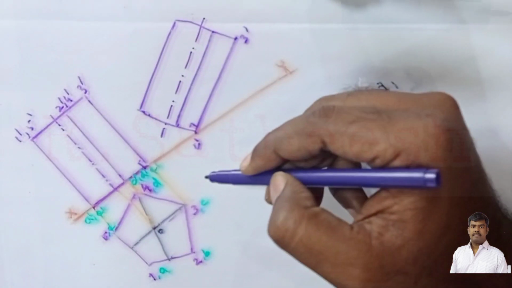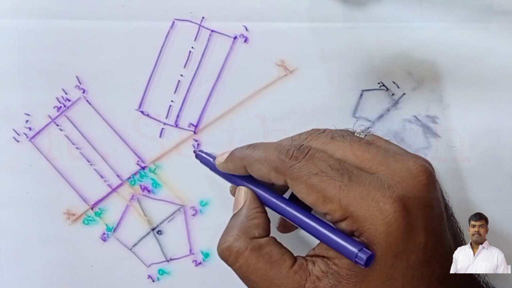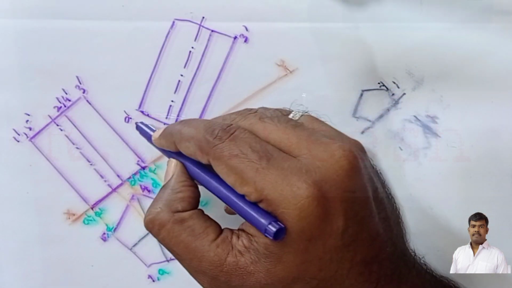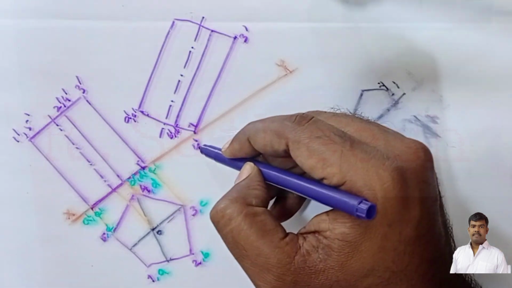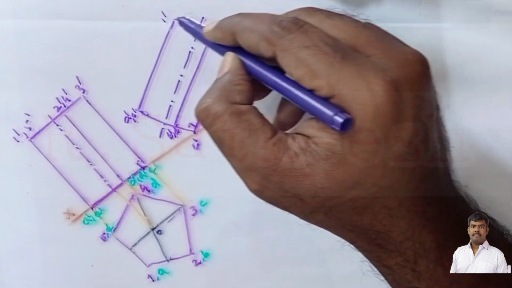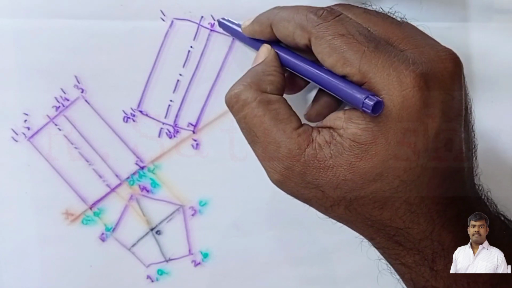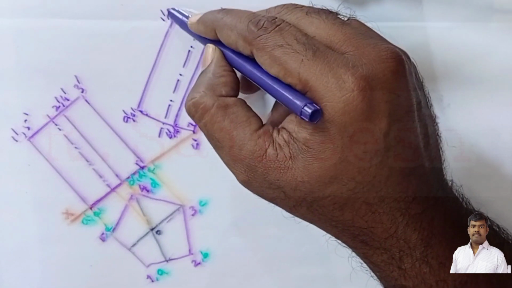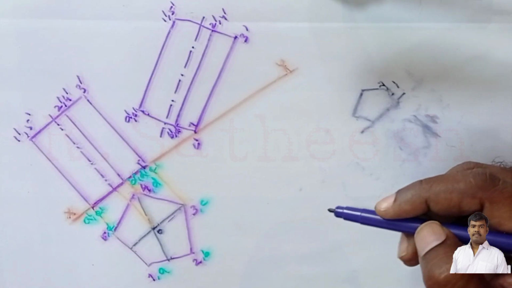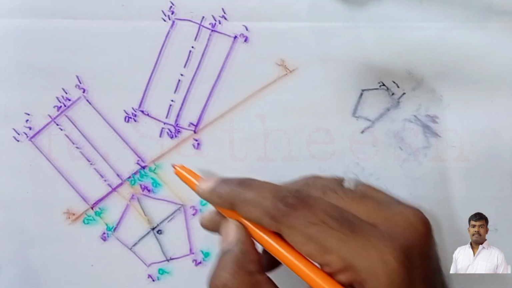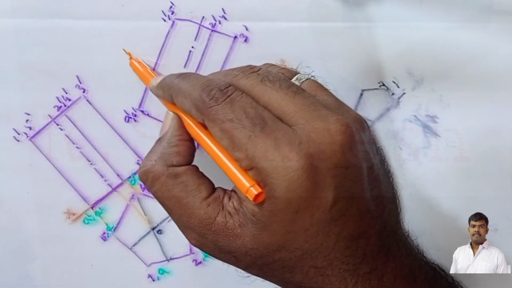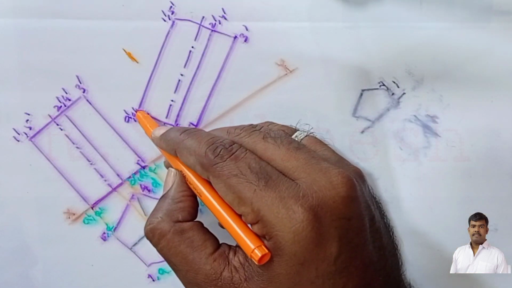We assign the letters: A dash comma E dash, B dash comma D dash, this is C dash. Similarly 1 dash, 2 dash, 3 dash, 2 and 4, 1 and 5. After that we draw the projection lines from front view to top view.